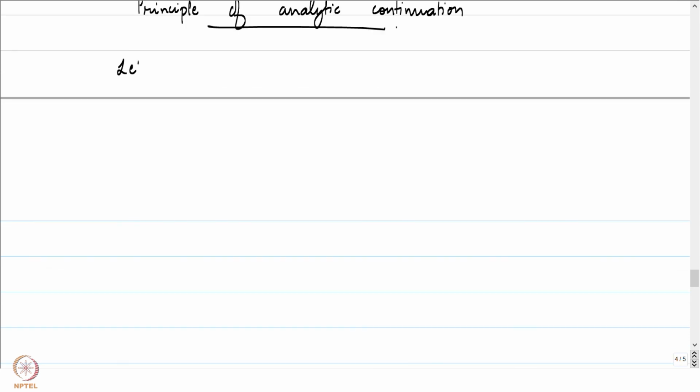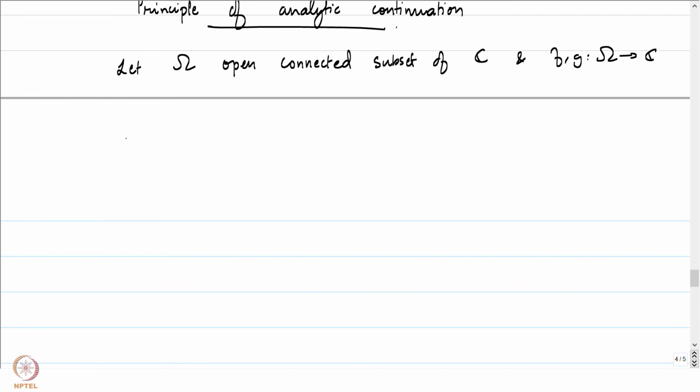Let omega be some open connected subset of C. We were not imposing this condition of connectedness in the previous corollaries till now, but right now let's put this condition as well. Omega be an open connected subset of C, and consider f, g, two functions from omega to C, be complex analytic or holomorphic on omega.